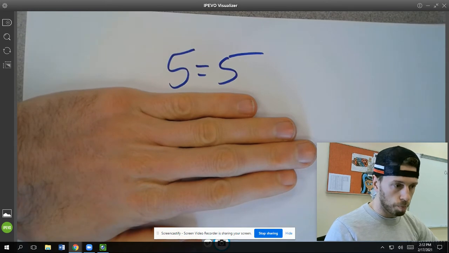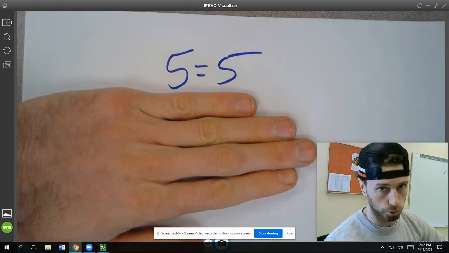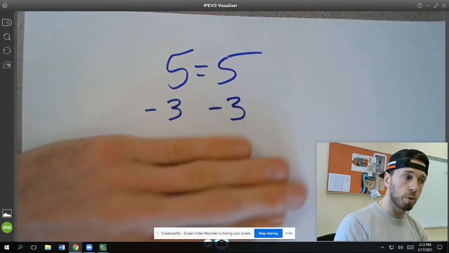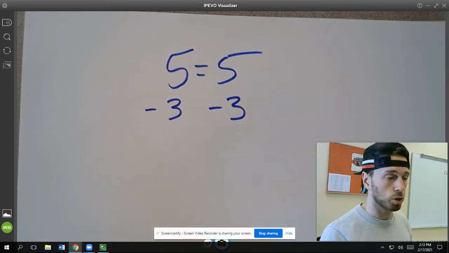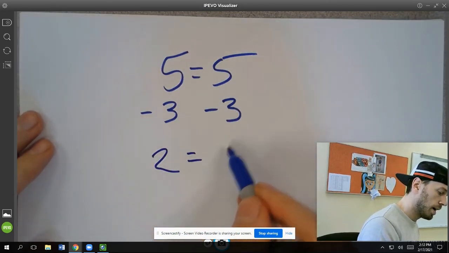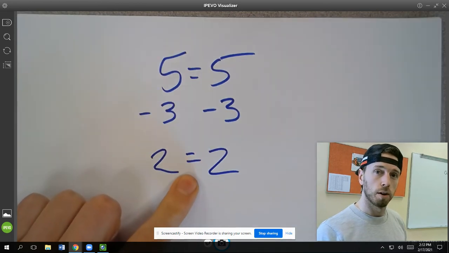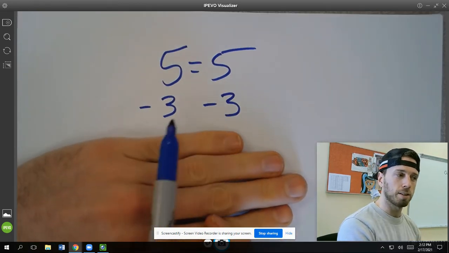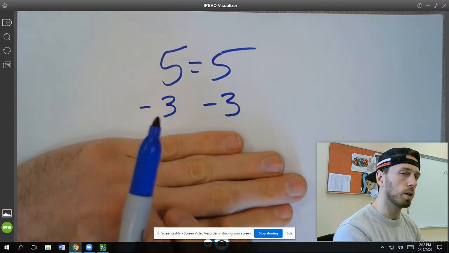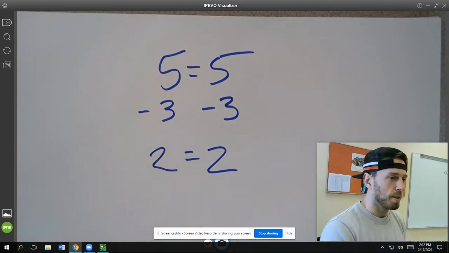We are allowed to do basically anything we want as long as the statement stays true. If I take 3 away from the one side, like in the last problem, it wasn't true. What if I take 3 away from both sides? Then I get 5 minus 3 is 2, and then 5 minus 3 over here is 2. This statement is still true. So the question is, am I allowed to subtract 3 from both sides of this equation? Will it keep it true? Absolutely. And that's a cool thing that we need to understand going into today.